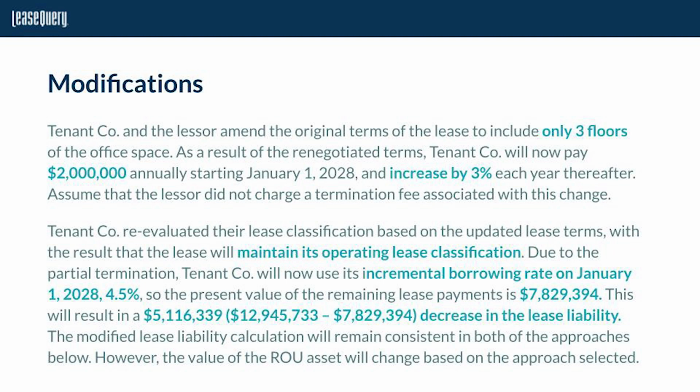So using these assumptions, the new lease liability calculates to $7,829,394, which then results in a decrease of $5,116,339 from that original lease liability balance of $12,945,000.